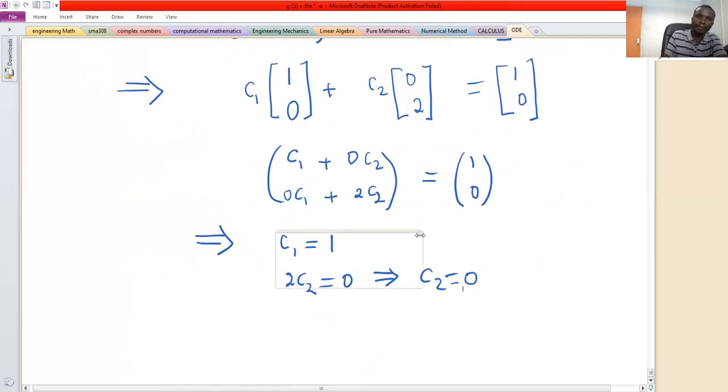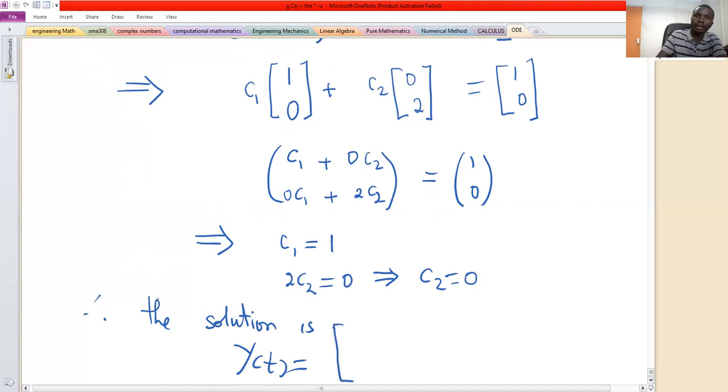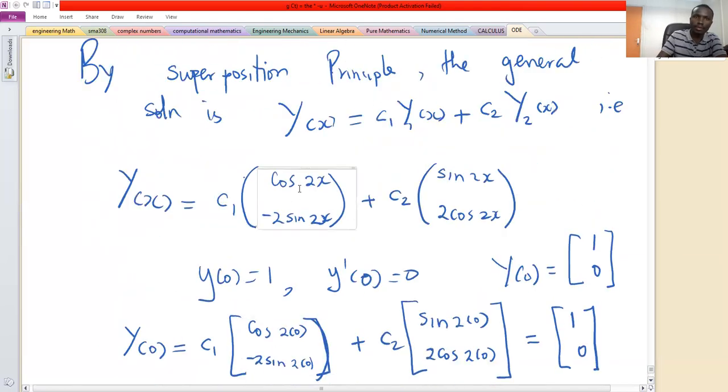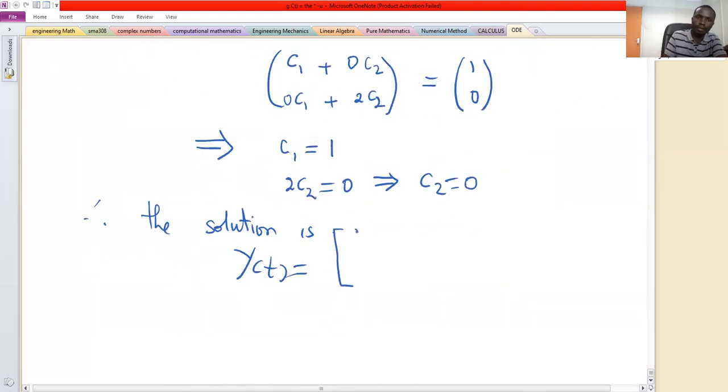Hence, the solution is capital Y. So c1 is 1, and then cosine of 2x, minus 2 sine 2x. The other part for c2 we don't write, because c2 is 0, so 0 times that vector is just 0.